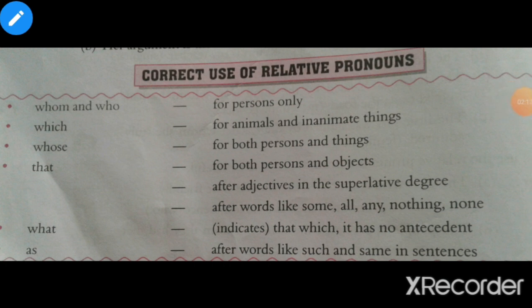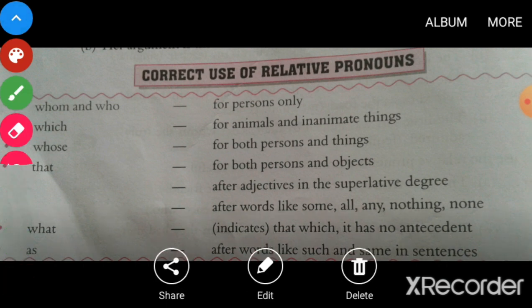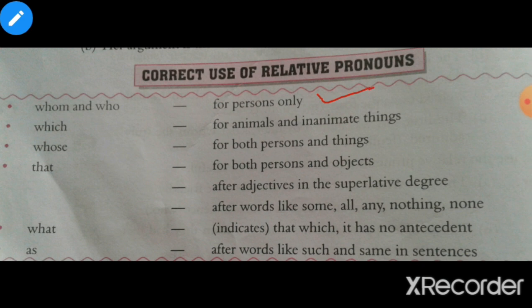Now I am showing you correct use of relative pronouns. Whom and who for persons only. Which for animals and inanimate things. Whose for both persons and things.